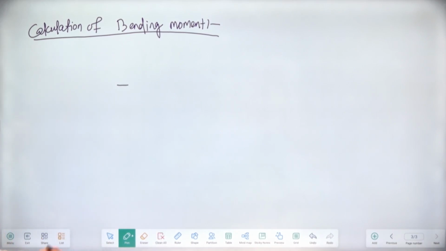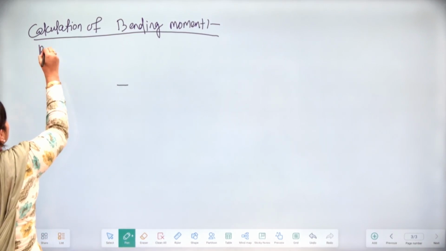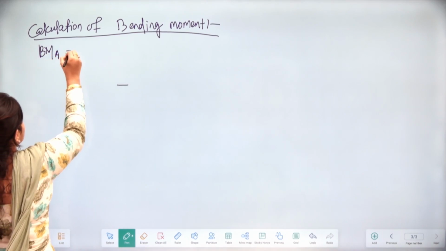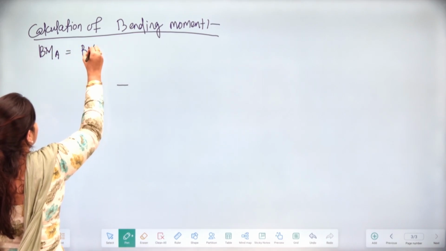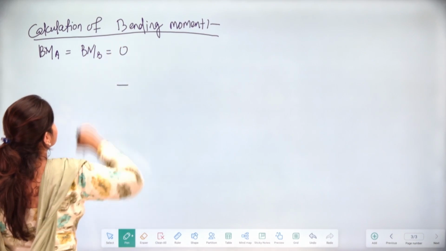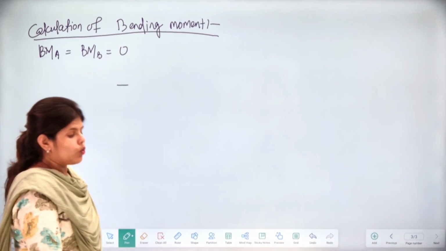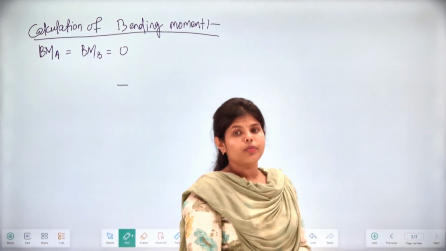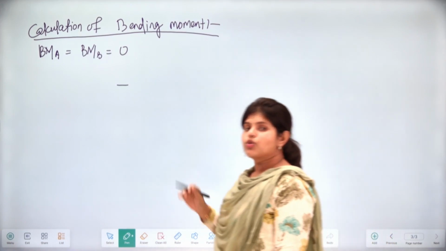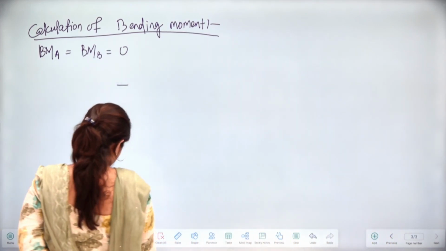First thing, bending moment at end support will be 0. So that is bending moment at A and bending moment at B will be 0. We know that at the point where shear force is 0, bending moment will be maximum. So we will find that out.